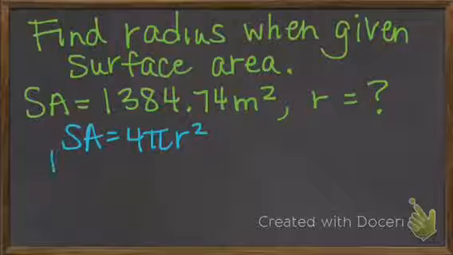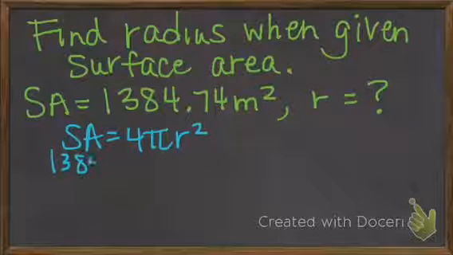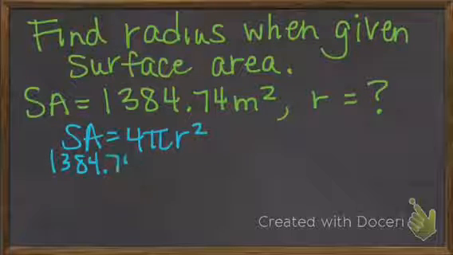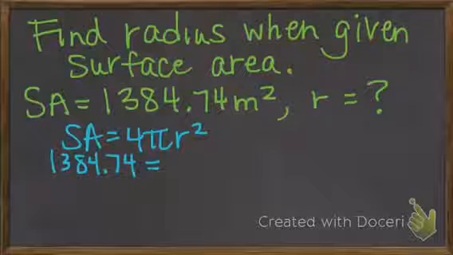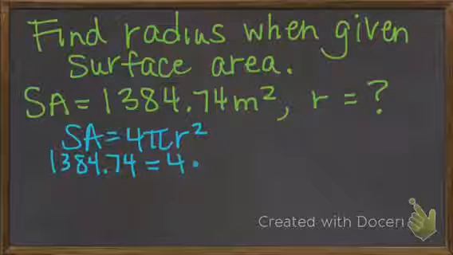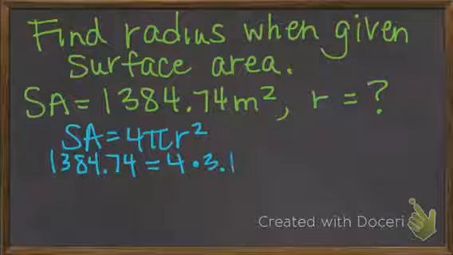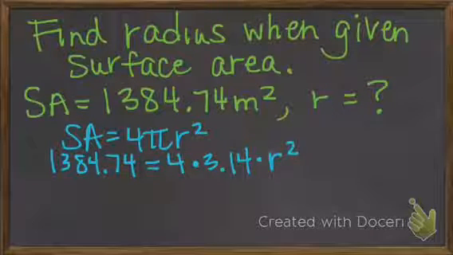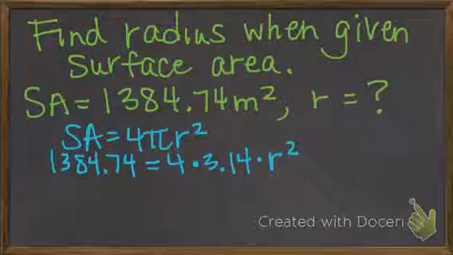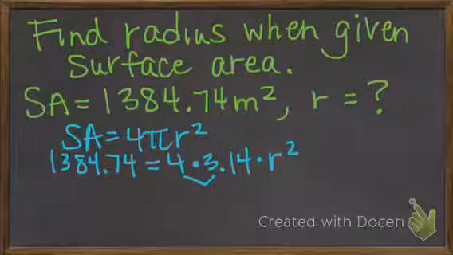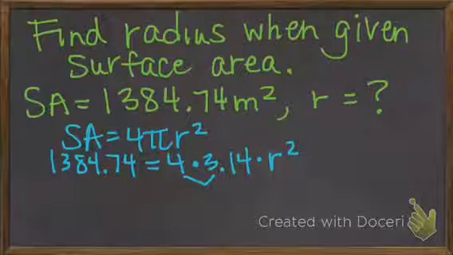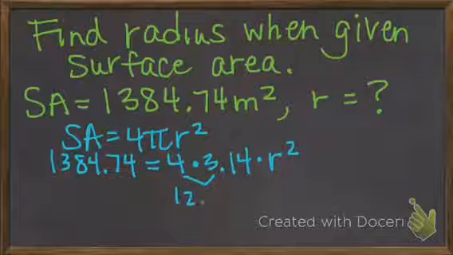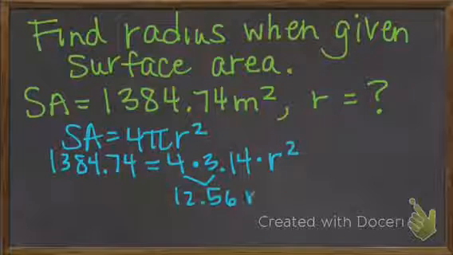I see that the surface area is 1,384.74. That equals 4, and I know pi can be approximated as 3.14, times radius squared. Now I need to multiply these together, and I end up getting 12.56 r squared.